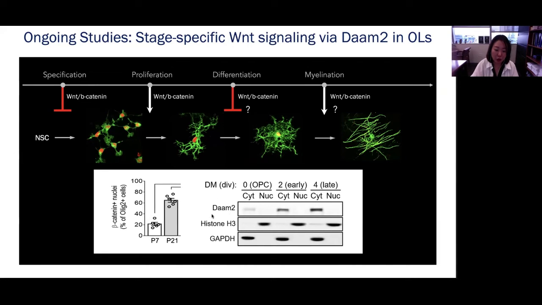When we look at TEM2 expression, TEM2 is highly expressed at the later, mature stage of oligodendrocytes. And this is quite odd because TEM2 is an inhibitory factor, a negative regulator. Beta-catenin expression and TEM2 expression are correlated during development. But why are they high in the mature stage? So that's a starting point.